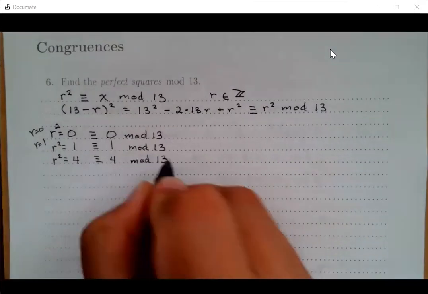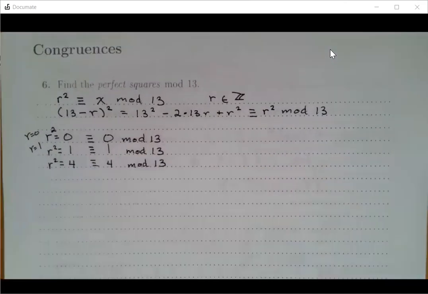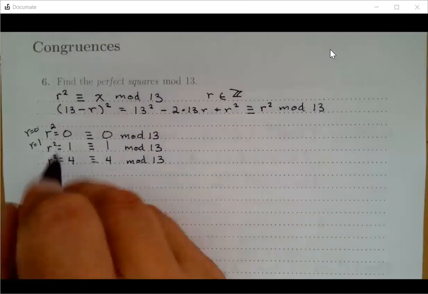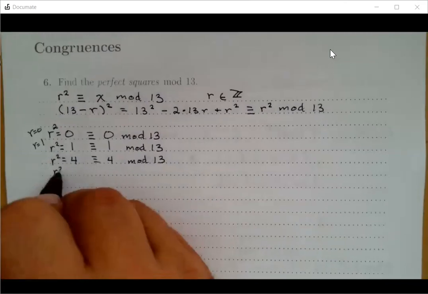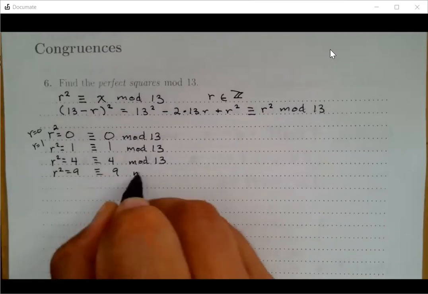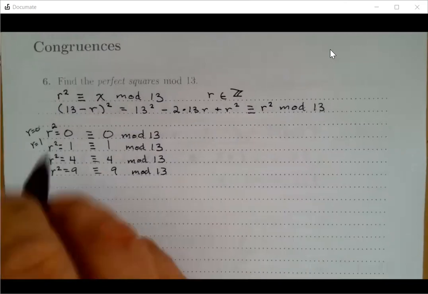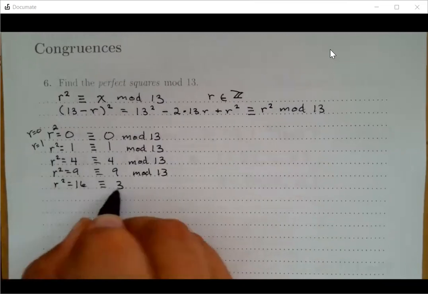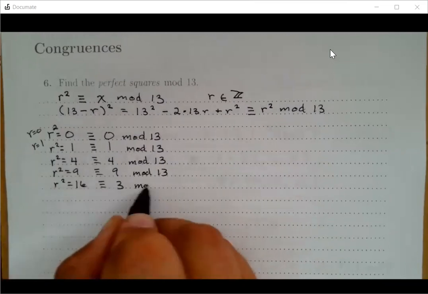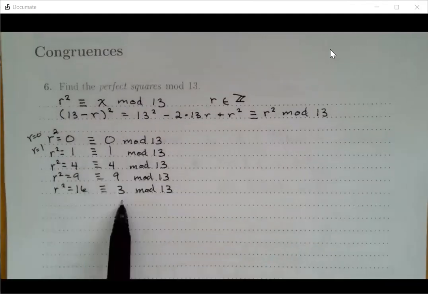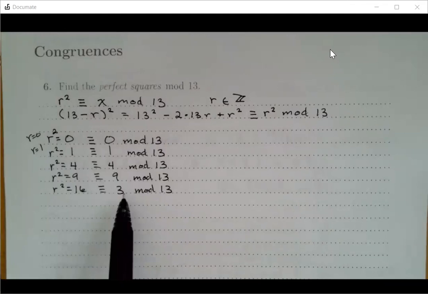If r squared was equal to 9, that would be 9 mod 13. If r squared was equal to 16, that would be 3 mod 13. So far, we have 5 different solutions.